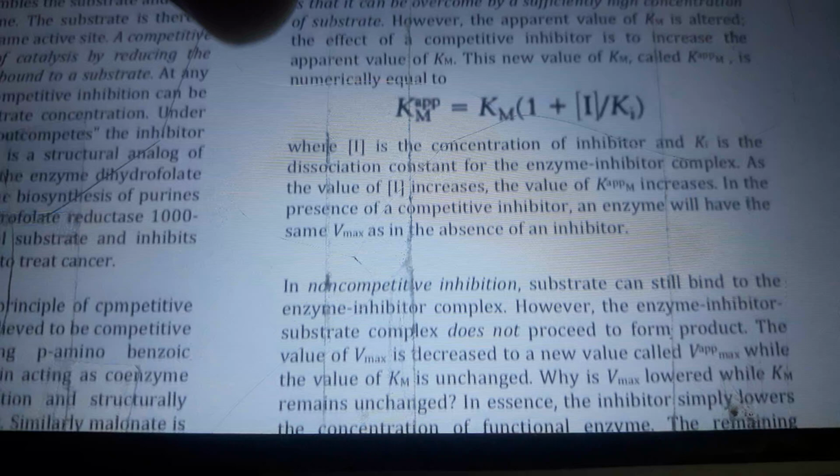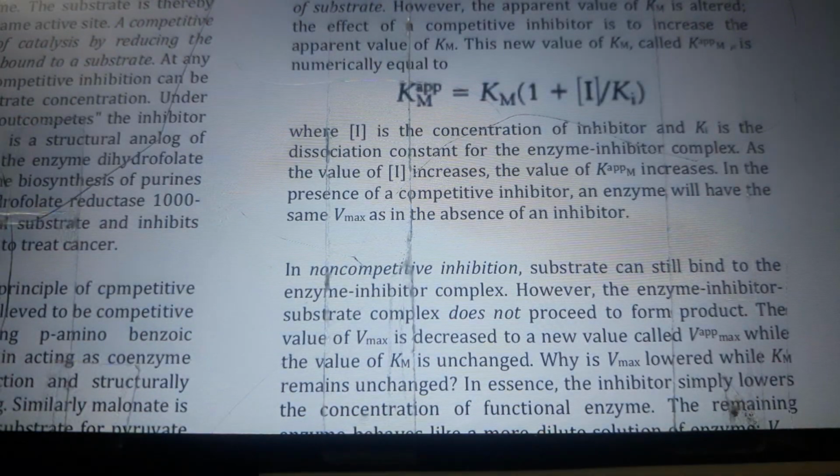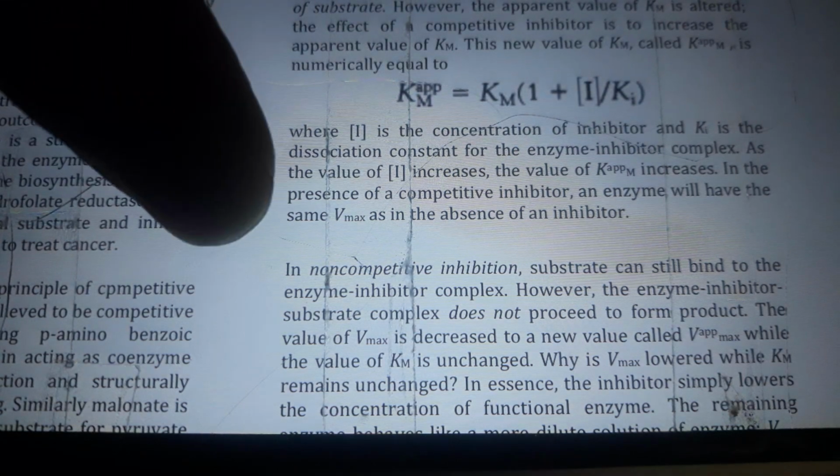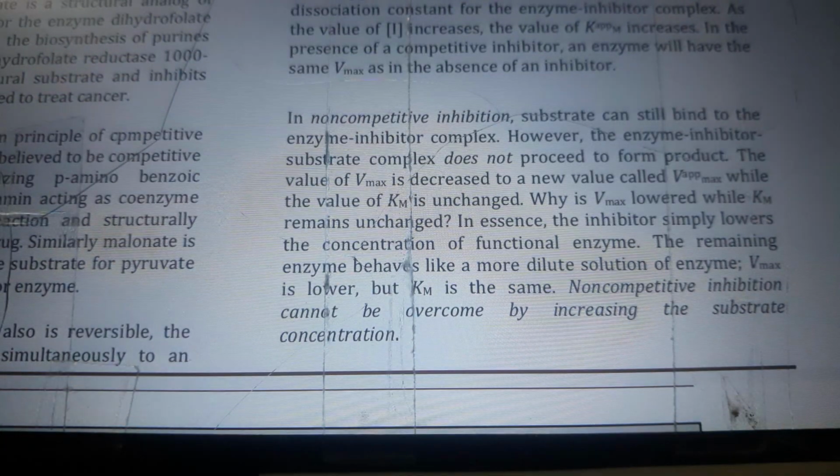However, the apparent value of Km is altered. The effect of a competitive inhibitor is to increase the apparent value of Km. This new value of Km, called Km-app, is numerically equal to Km(1 + [I]/Ki), where [I] is the concentration of inhibitor and Ki is the dissociation constant for the enzyme-inhibitor complex.